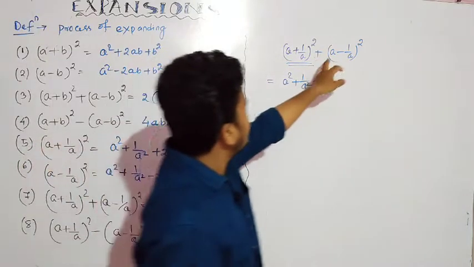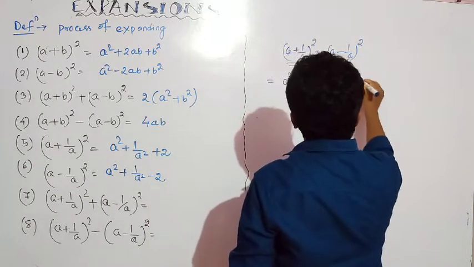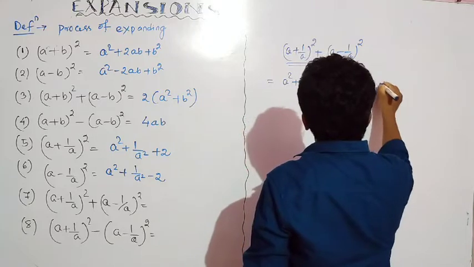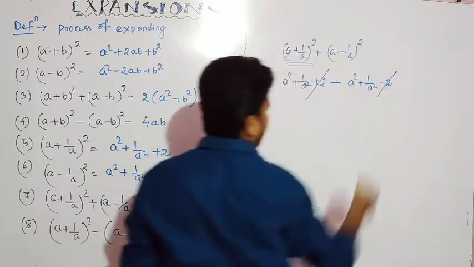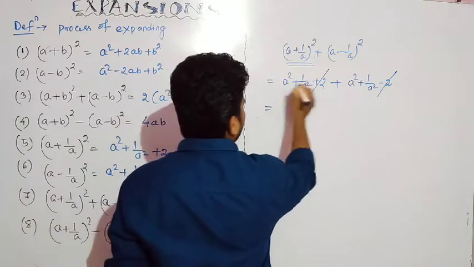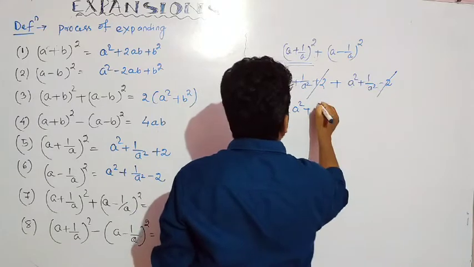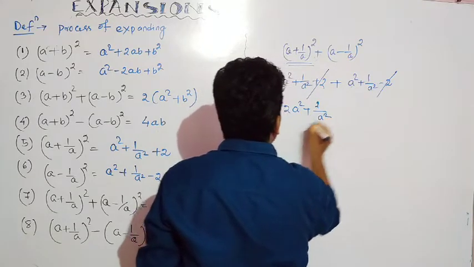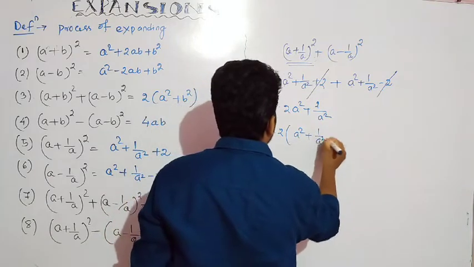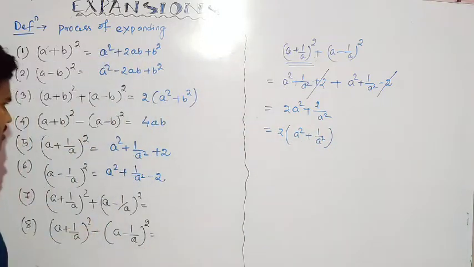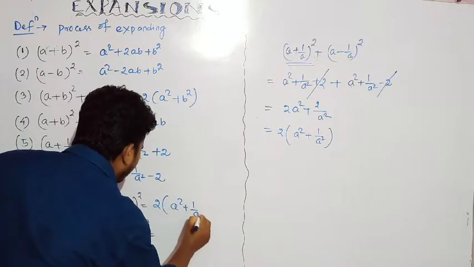Now let's check (a − 1/a)², which is a² + 1/a² − 2. So the plus 2 and minus 2 will cancel. After cancellation, a² + a² is 2a², and 1/a² + 1/a² is 2/a². Now if I take 2 common, we get a² + 1/a². So the formula is 2 into (a² + 1/a²).